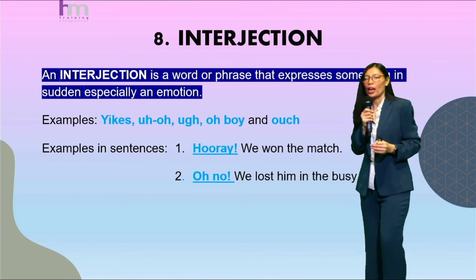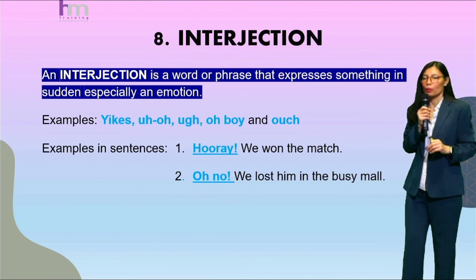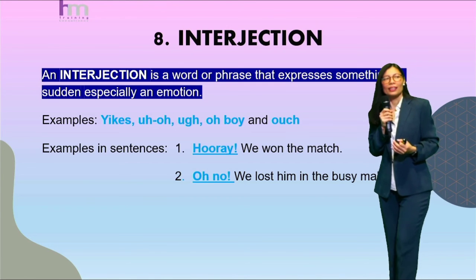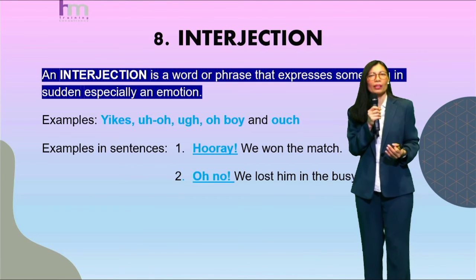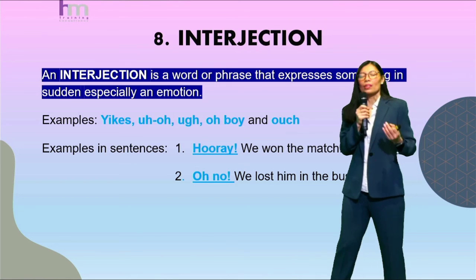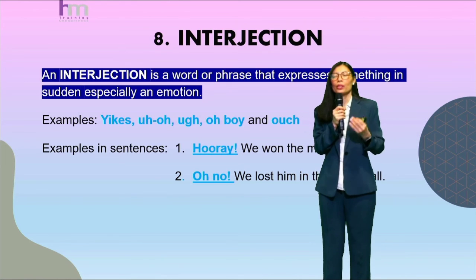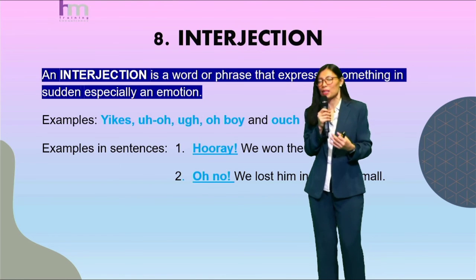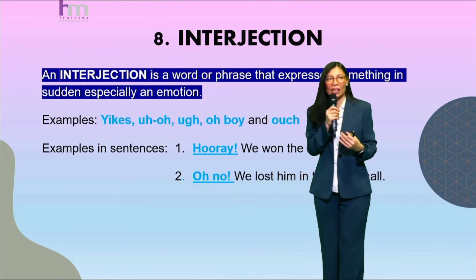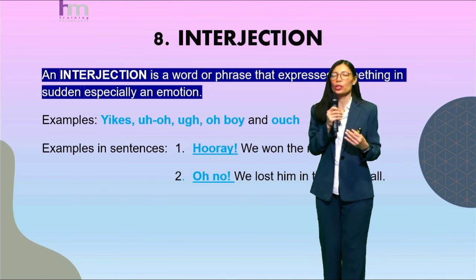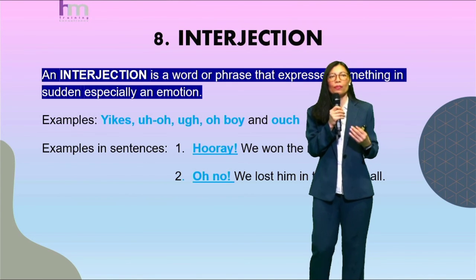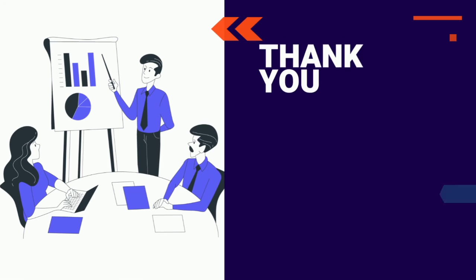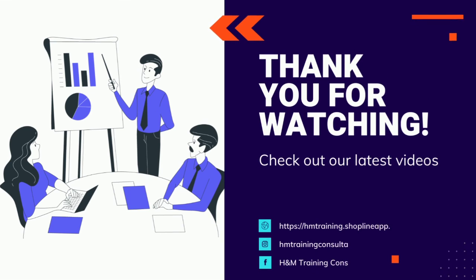And then you have: oh no, we lost him in the busy mall. It's like, oh no, oh my goodness, we lost the person. If you have the exclamation mark with the oh no, it shows that you're either really upset or scared. You show your emotion via words, not facial expressions. So these are interjections.